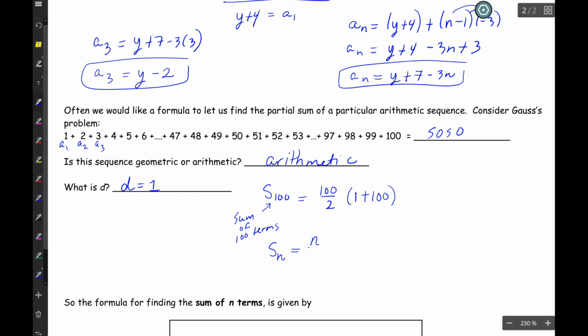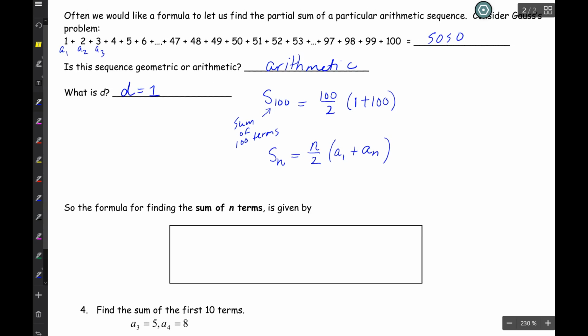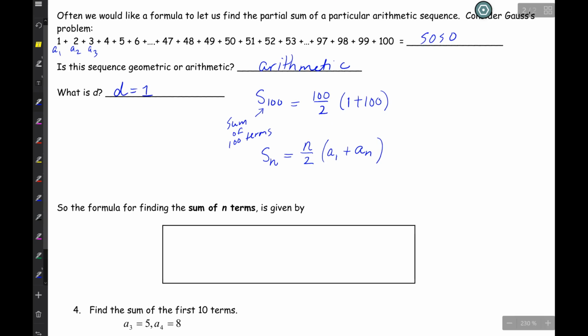So the number of terms divided by 2 multiplied by the first term plus the last term, the nth term. Make sure you know what each of those values equal. So let's rewrite it in this box. S sub n is equal to n over 2 multiplied by the first term plus the last term.